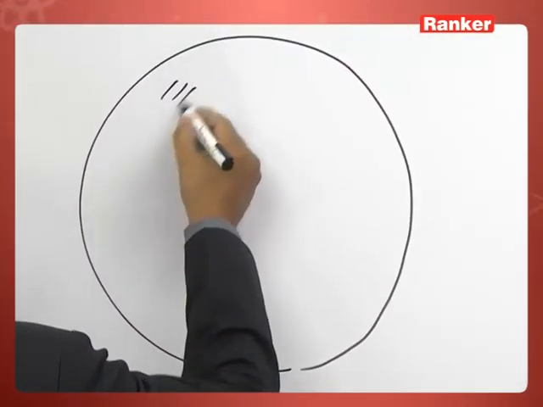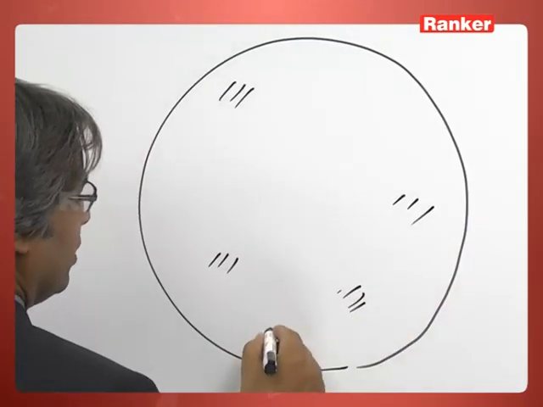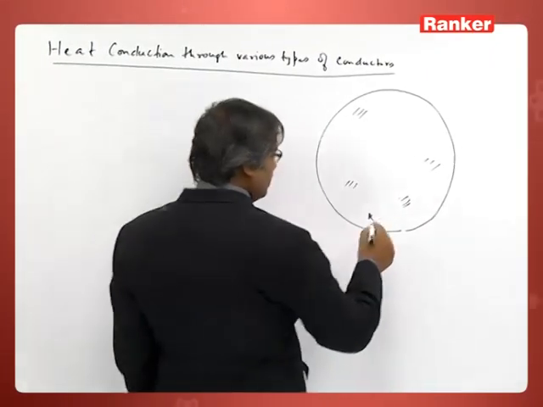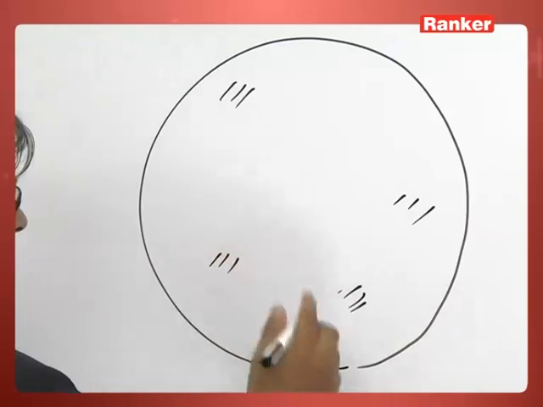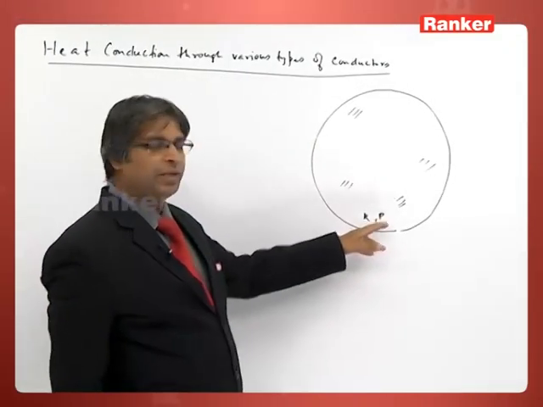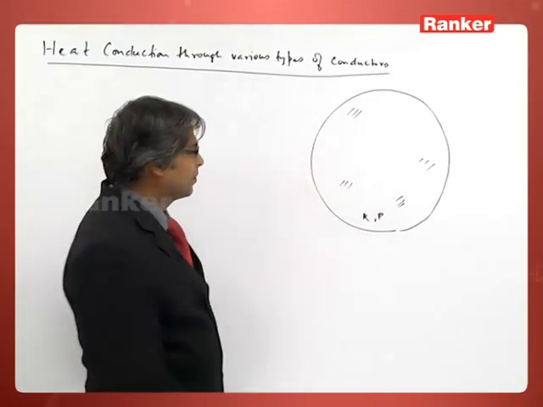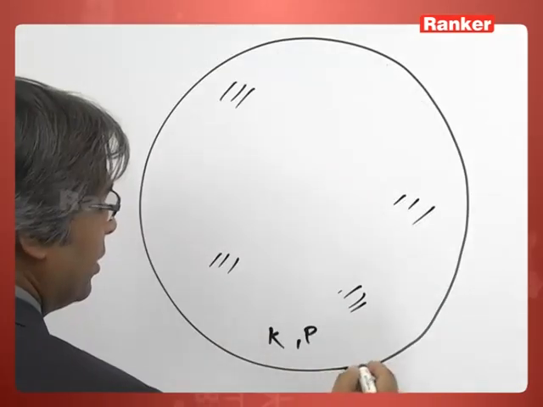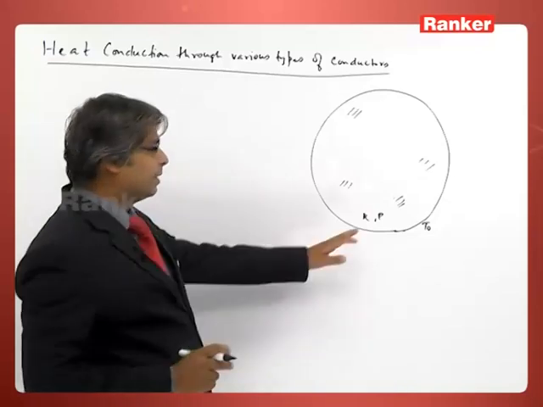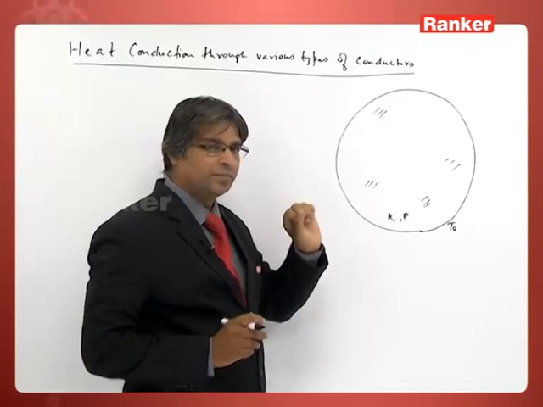This entire sphere is a solid body whose conductivity is K, and in the entire body the heat is produced at a constant rate of P. So, thermal power generated inside the bulk is P, and outside the steady state temperature is T naught. Let us find the temperature distribution inside this.